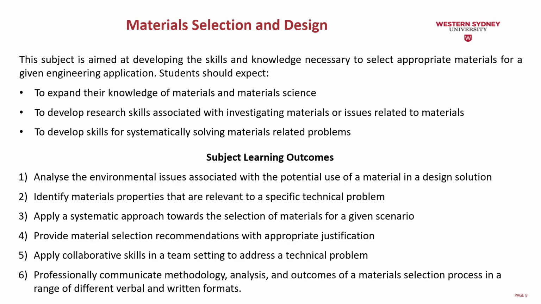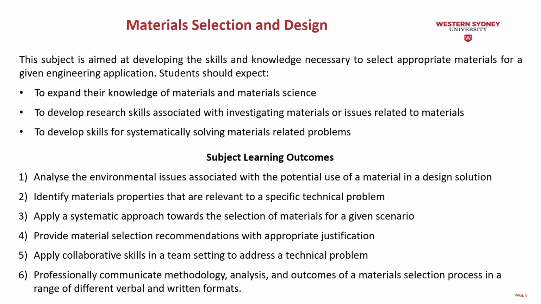The subject learning outcomes will include: first, analyze the environmental issues associated with the potential use of a material in a design solution. Second, identify the material properties that are relevant to a specific technical problem. Third, apply a systematic approach towards the selection of materials for a given scenario.